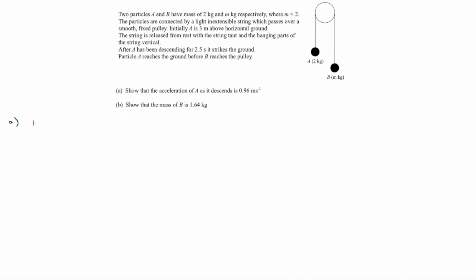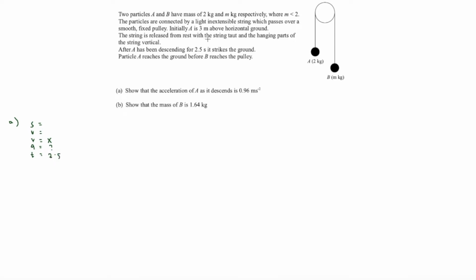So this one requires a SUVAT equation in order to work out the acceleration. That's because we have a multitude of things in it, with the exception of final velocity. So we can say that final velocity, no. And then a, we do have, but t is going to be 2.5.